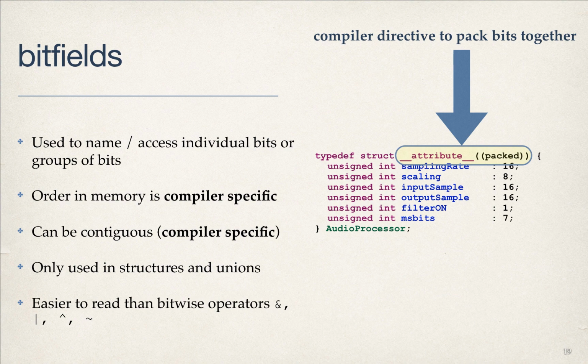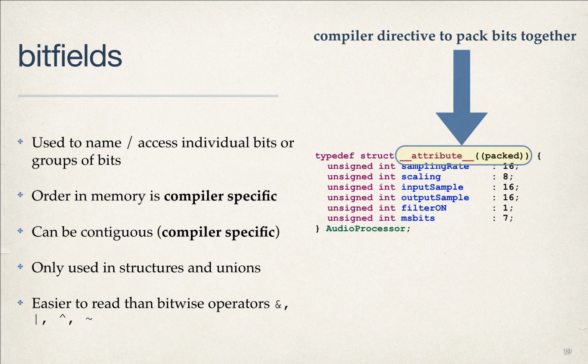I just made this up, and that structure has a number of properties: sampling rate, scaling, input sample, output sample, a boolean for whether a filter is on or off, and a set of most significant bits. The difference here is that although this is an unsigned integer, we've got a colon and then the number of bits that it actually needs.